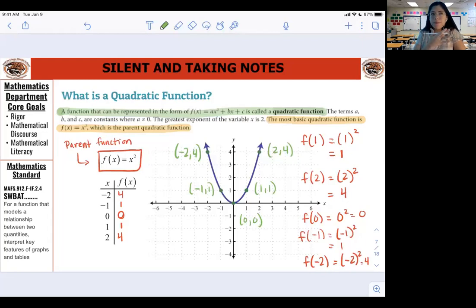So V is close to what it looks like, but we want to say U-shaped because the bottom of it is not really a point. A V will come to a point, very much like an angle. In this case, it's not really a point down at the bottom, it's curved, right? It curves a little bit. So a U shape is a good way to describe it.